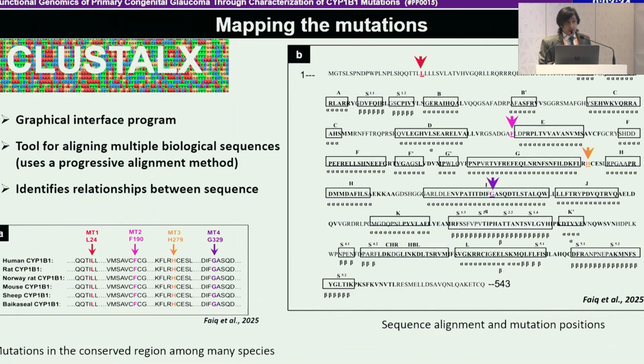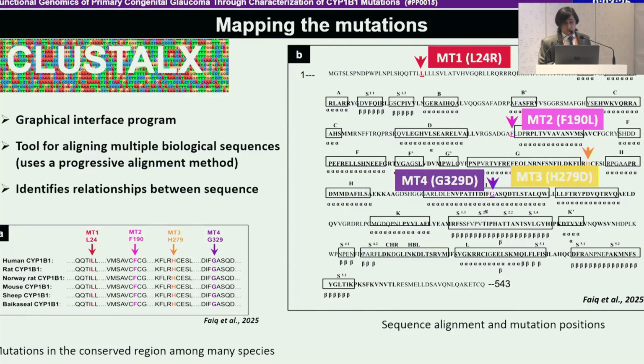Then we started trying to map the mutations, and we found that MT1 was in the signal peptide, and MT2, MT3, and MT4 were in helical regions, and they formed a triad. You would also see that the positions of these mutations are evolutionarily conserved, so they might be functionally important to the protein.